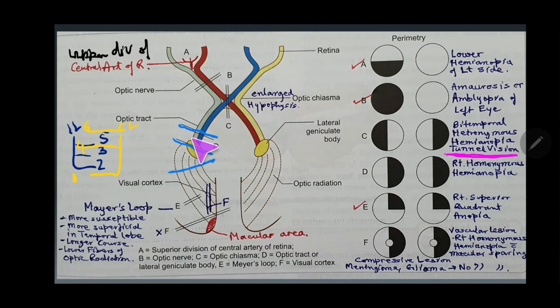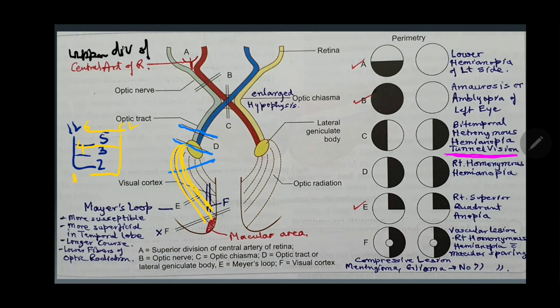So the fibers dip downwards, forwards, and wind around the inferior horn of the lateral ventricle, and then they move beyond and reach the occipital cortex through the parietal lobes. Now this portion is called Meyer's loop. Let me draw it here so that you get it. This portion of the fibers is Meyer's loop, right?